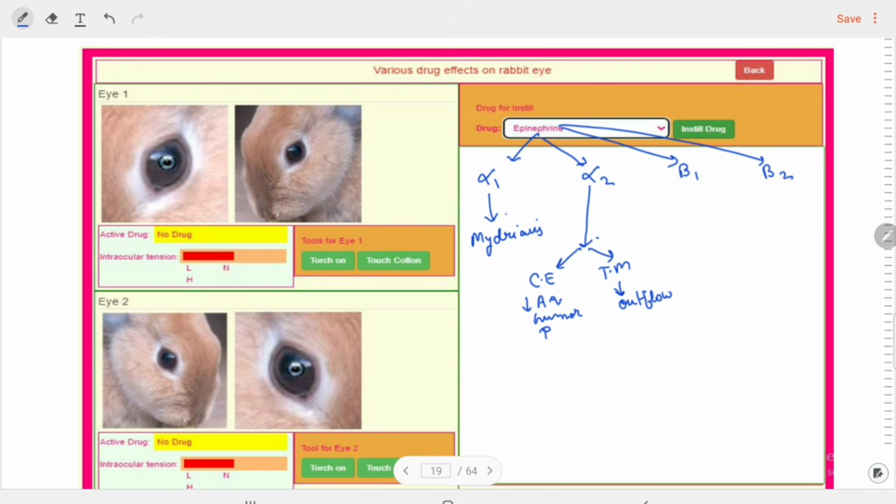So it will lead to the decrease in the aqueous humor production, and it will lead to the decrease in the outflow. What about the beta 1? Beta 1 is present in the ciliary epithelium in the less amount. Beta 2 is most abundant, present on the ciliary epithelium, and it will lead to the activation of the Gs subunit. From the Gs subunit, it will lead to the increased production of the aqueous humor.